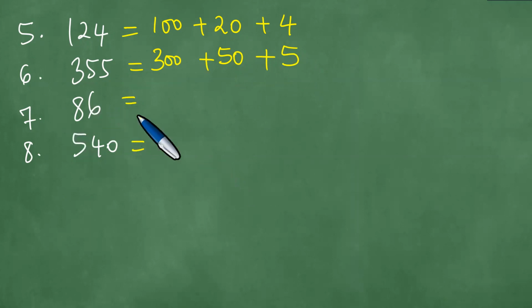Okay, let's look at the number 86. Is equal to what? Okay, the number 86 is the same as 80 plus 6. Okay, let's look at the number 540. The number 540 is equal to what?